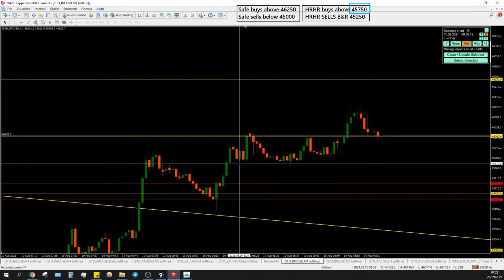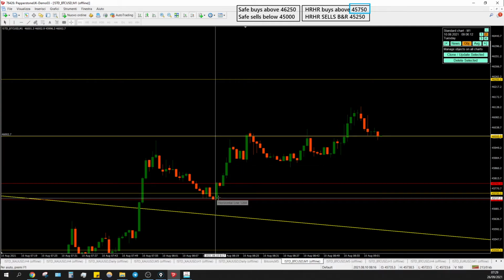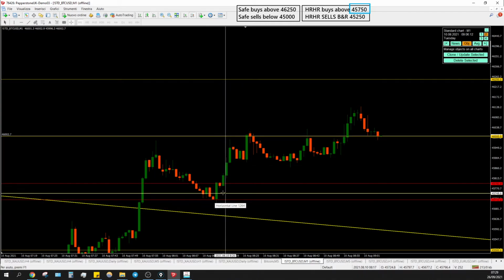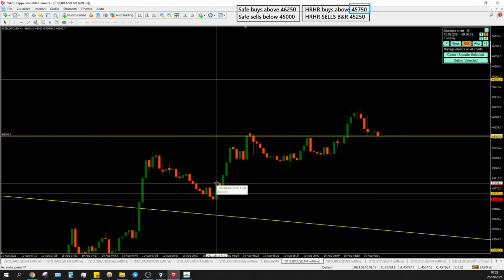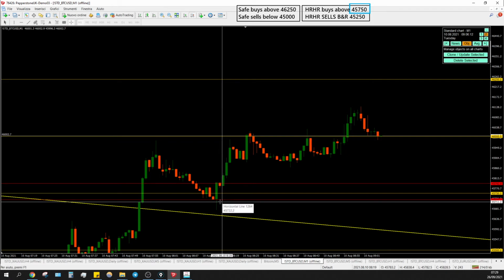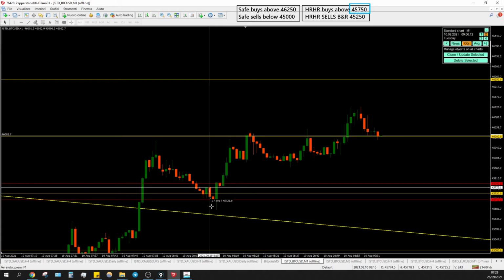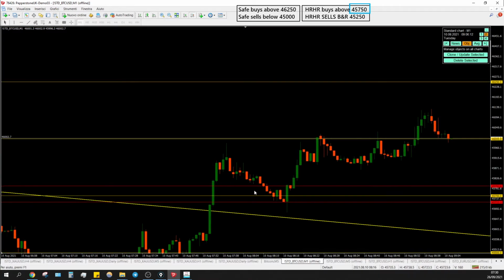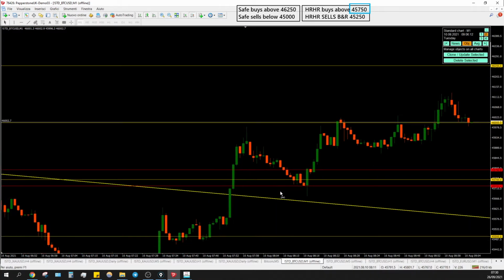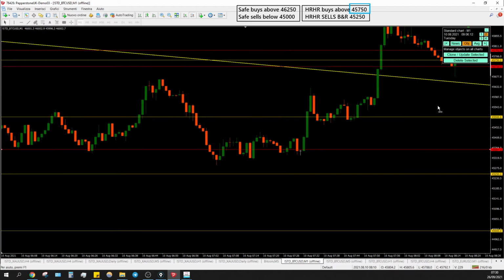Yes, so as you can see, an entry here after having the confirmations of buyers jumping back in gives you 30 pips with a 10 pip stop loss, no drawdown.